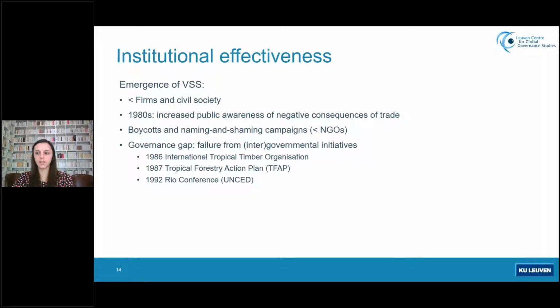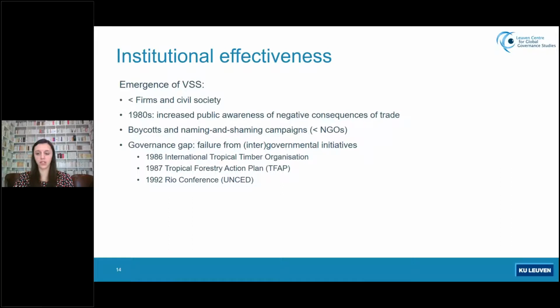So in the 80s, there were a lot of boycotts and naming and shaming campaigns targeted at firms that had negative impacts on socio-economic or environmental conditions. For example, in the forestry sector, there was a massive boycott on tropical wood products in the 80s because those products were linked to deforestation, biodiversity loss, and other adverse environmental effects.